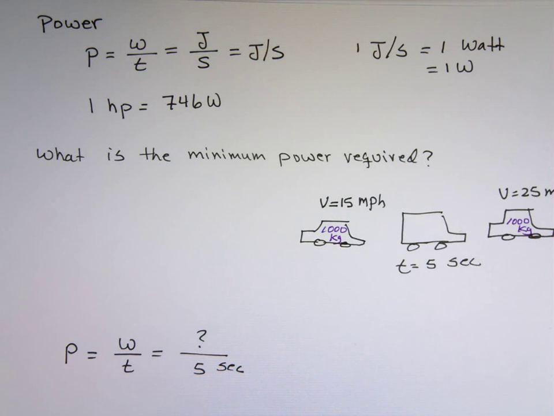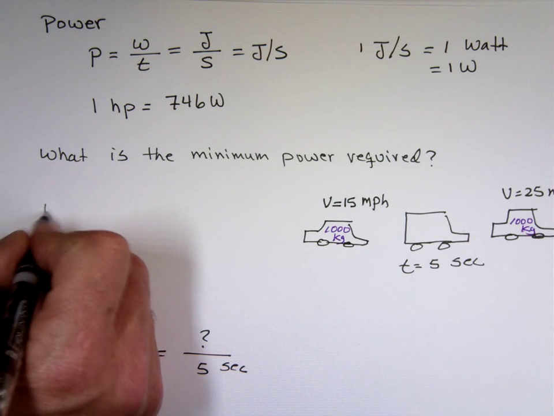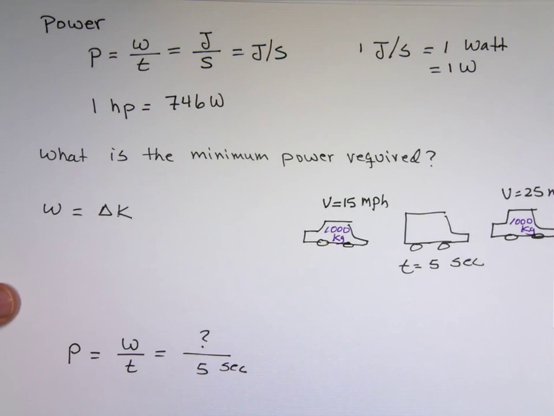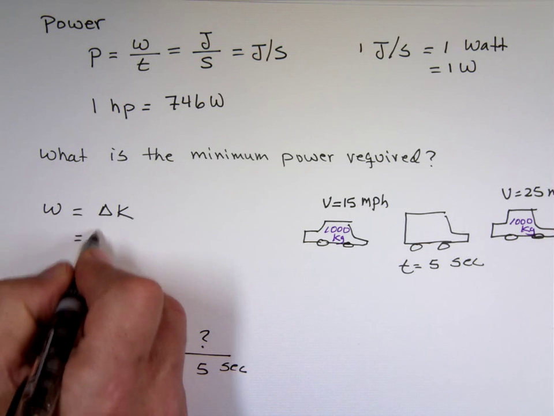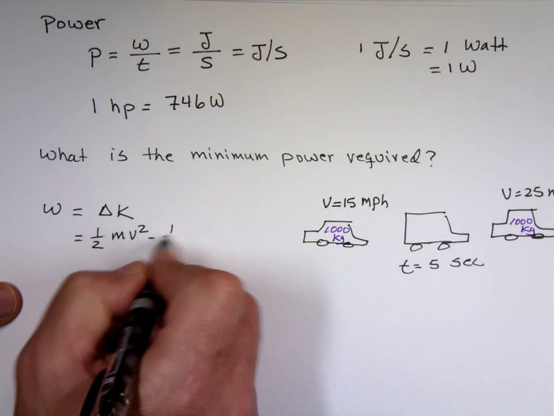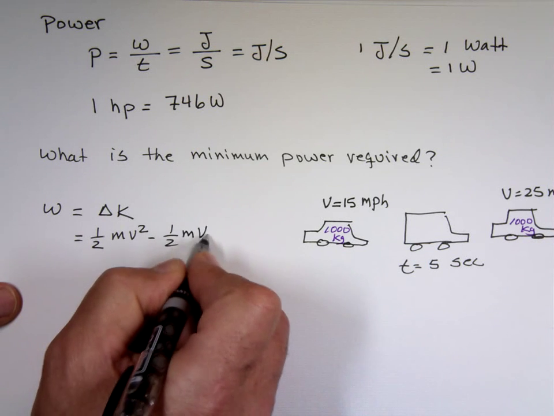Nobody knows. Can we calculate the work? Sure. We said work is change in kinetic energy, which is 1/2 m v final squared minus 1/2 m v initial squared.